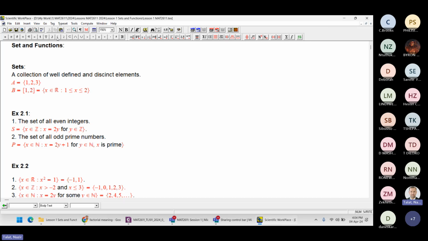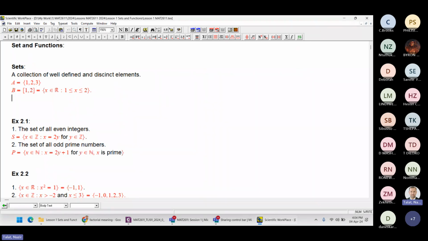So this is also the notation of that set. It contains all the real numbers from 1 to 2, where 1 and 2 are included. The above set A is only 1, 2, 3, which means that A is a discrete set. Sometimes we have a finite set or an infinite set, so there are several forms of set notation.